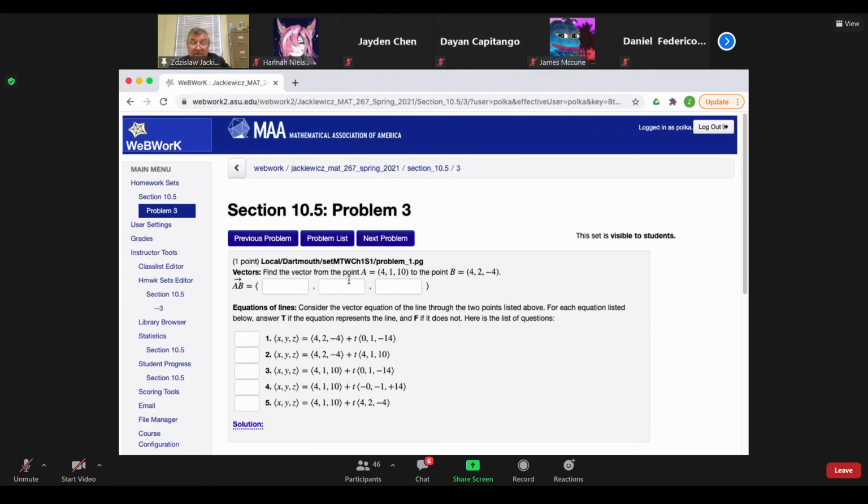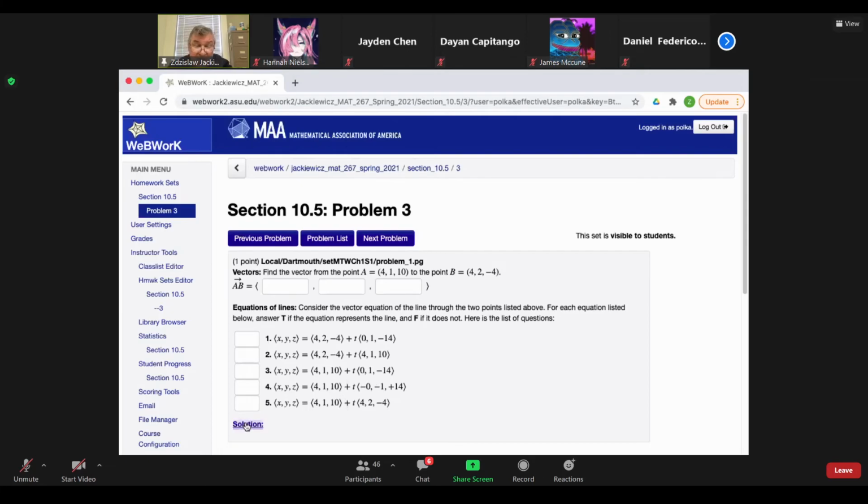Find the vector from the point A to B. Well, of course, this is 4 minus 4, 0, 2 minus 1, 1, and minus 14. And then you have to answer if this line is parallel to the line passing through those two points.